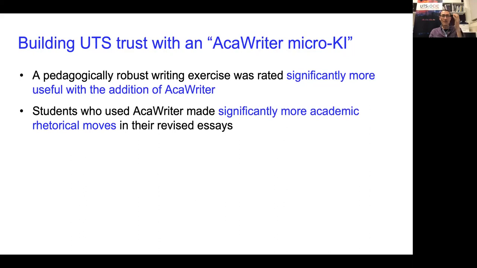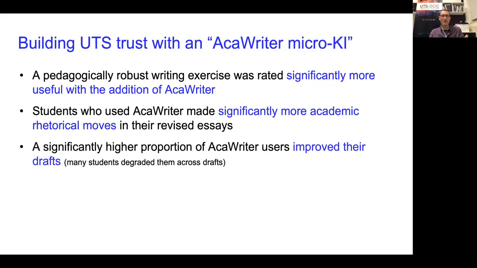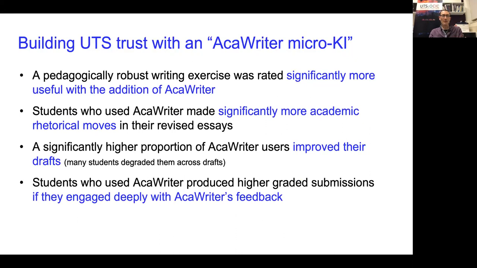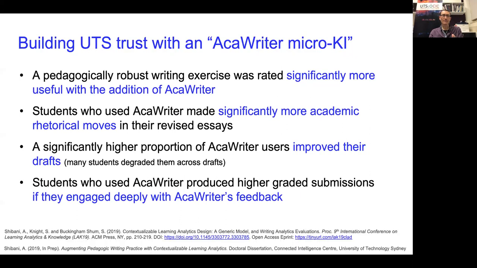We've got claims about the kinds of changes that students make in their revisions, claims about the improvements they make to their drafts, a claim about the impact on their grade of their final submission if they actually engage deeply with Academically's feedback, okay?